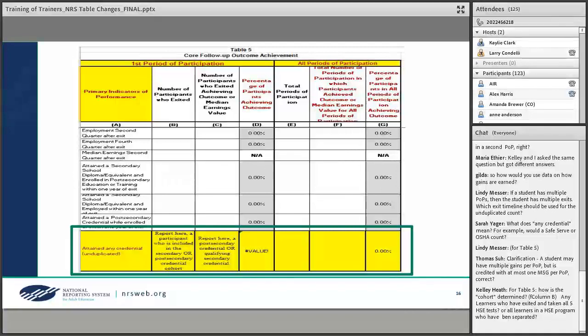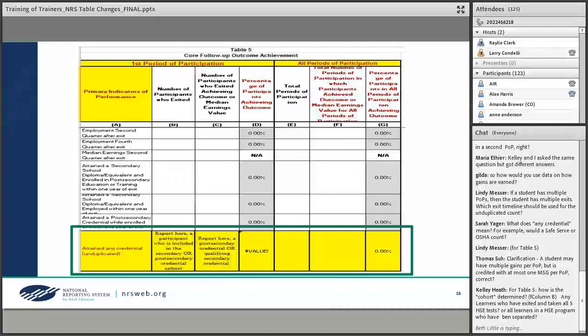So any credential means whether they got a secondary or post-secondary credential. If you recorded that person in each of the rows above, we want you in this new row to record them one time. And the credential that you count for this row, awarded any credential, would be the most recent, the last credential that they earned.